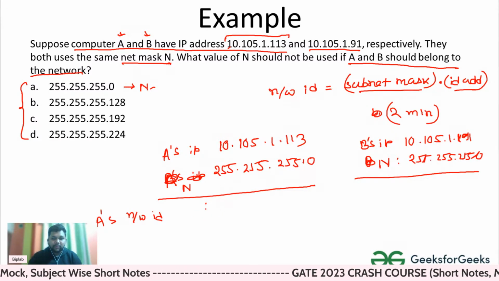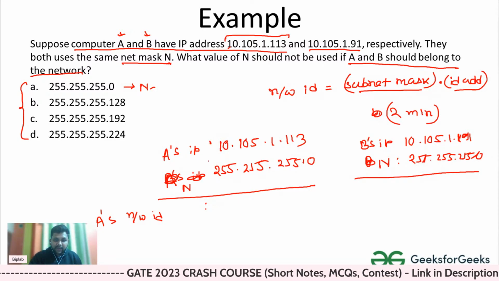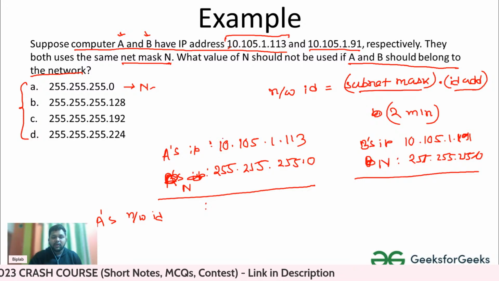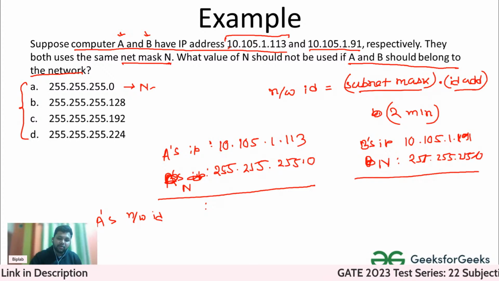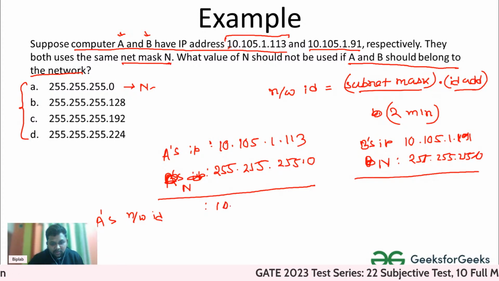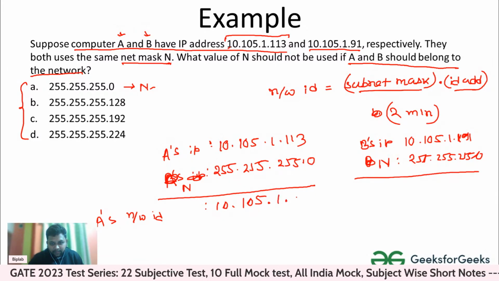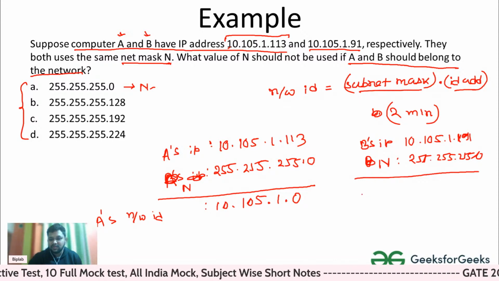When you perform AND of 10 with 255, think of it as binary. All are ones, so it stays the same. Some are ones, some are zeros, so when you do AND, 0 with 1 remains 0, 1 with 1 remains 1. So just put it directly as 105, 1, and at last it is 0, because AND with 0 results in 0.